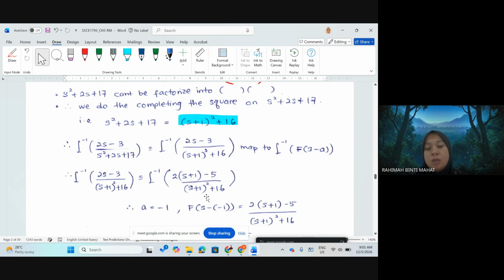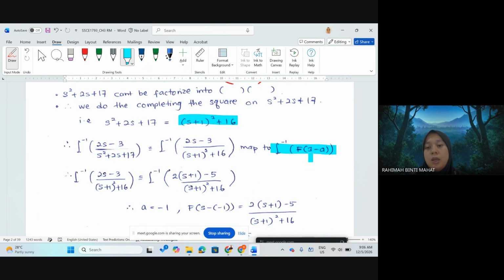Because we have s plus 1, you can map it to the formula of s minus a.